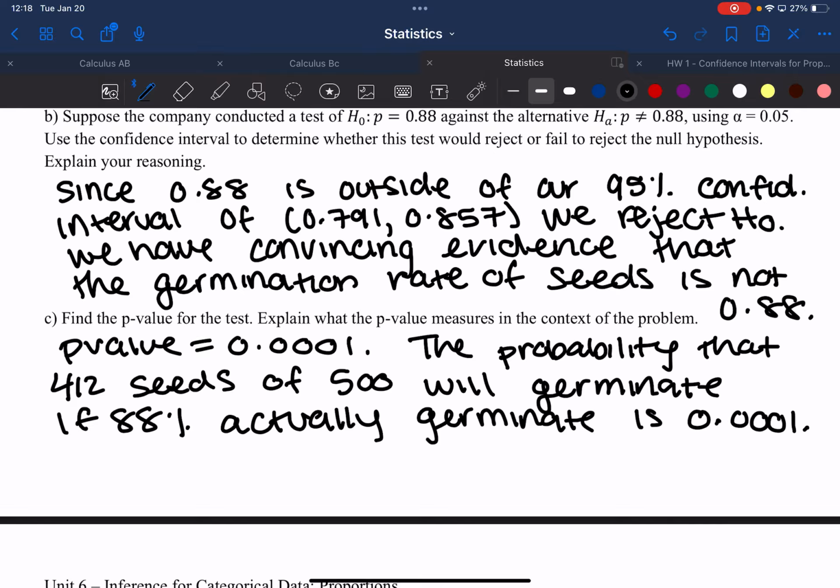So very, very low. The probability that 412 out of 500 seeds will germinate, if 88% of them actually do, so remember this is our prediction of what would happen versus if it actually happened, is very, very low.